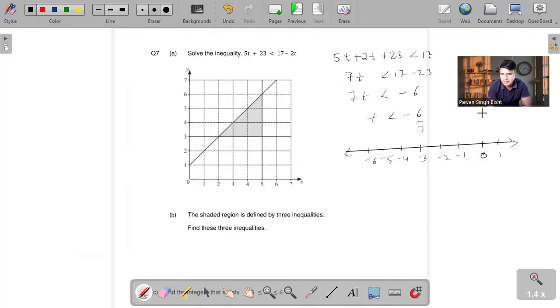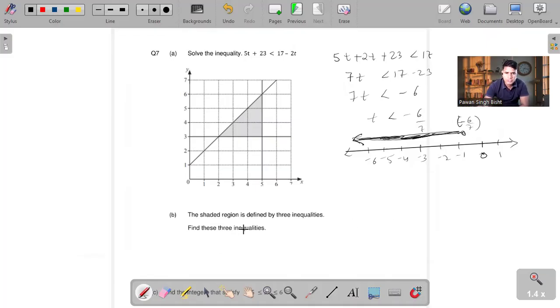Now t less than negative 0.85 will be somewhere here between 0.8 and 0.9, and the balloon should be open and it is going towards the left side. Okay, so this is an open balloon, right? This point is negative 6 over 7, and left side of it.